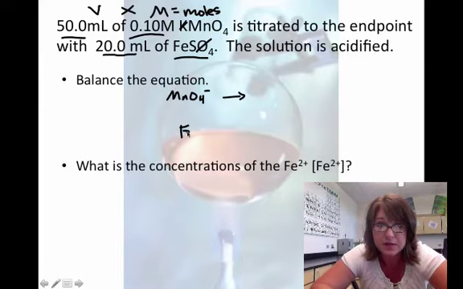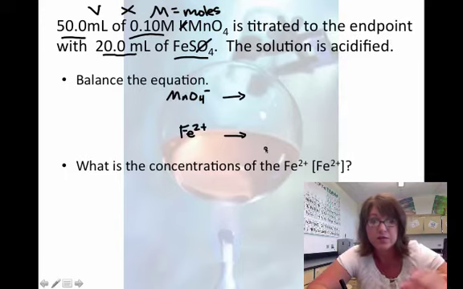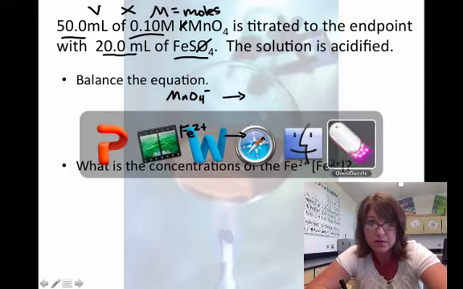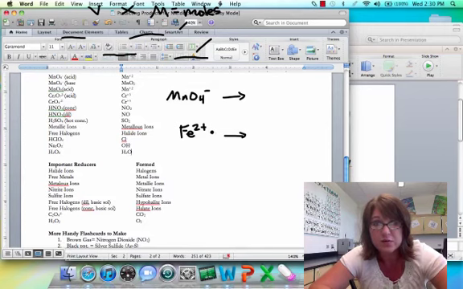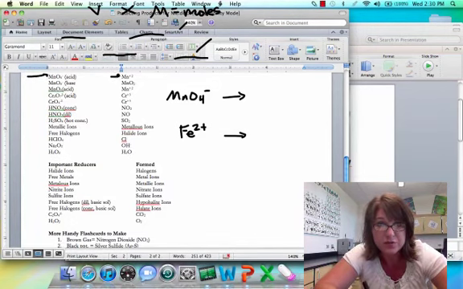Let's see. So we've got iron 2 and permanganate as our reactants. Now what do we have for products? Yep, sure enough. So we're in acidic solution. Permanganate is going to turn into the manganese ion. And then iron 2 is going to be down here.